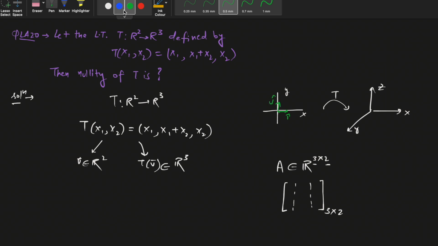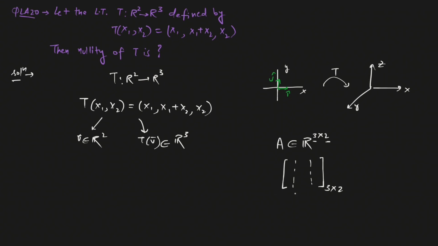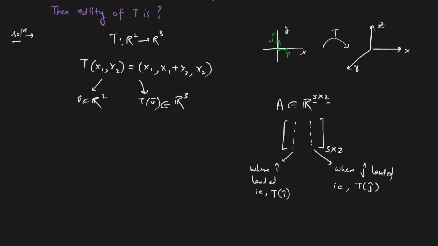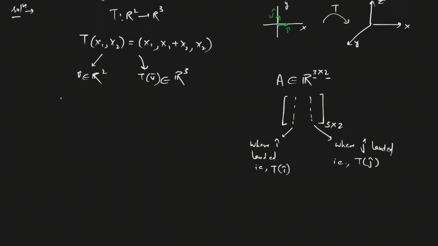So all we need to find is the first column vector, where i hat lands, that is T of i hat, and the second column vector, where j hat lands, that is T of j hat. We need to find this.